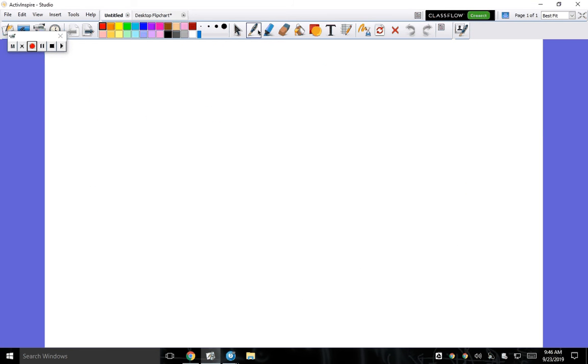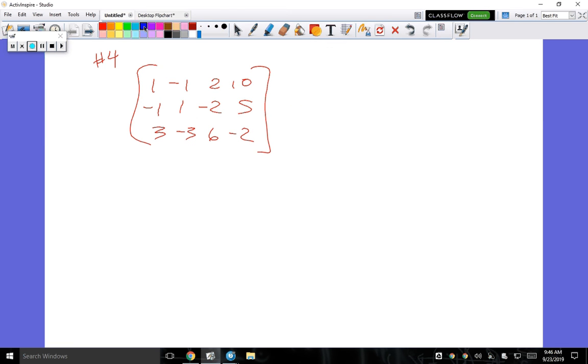It starts off as 1, negative 1, 2, 10, negative 1, 1, negative 2, 5. This is number 4 on that worksheet that's in the calendar. It's linked. 3, negative 3, 6, negative 2. This is where you would start. After doing all the row reduced echelon form, you will end here.